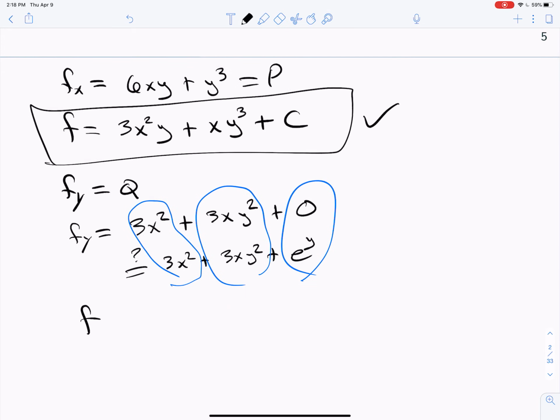So that means our f really should have been 3x squared y plus xy cubed plus e to the y plus another constant.